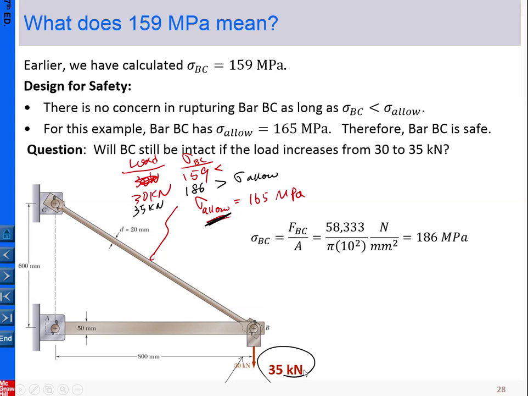No. Based upon the determined allowable stress, if we use this structure to carry 35 kilonewtons, this magnitude of loading is not okay, which means 35 kilonewtons is going to risk portion BC failing. To fail means risking BC being broken or damaged. That is the explanation of this.